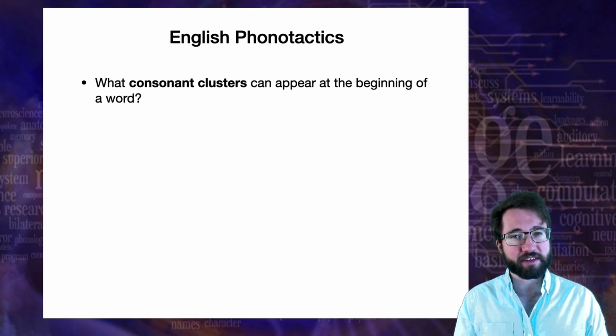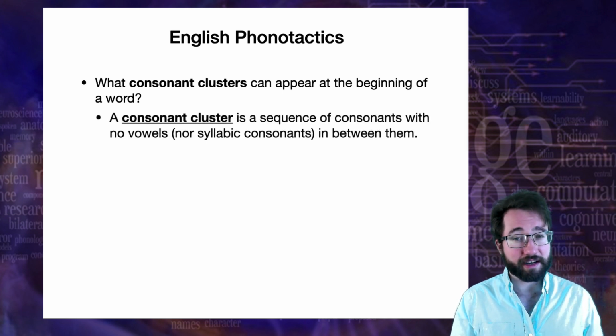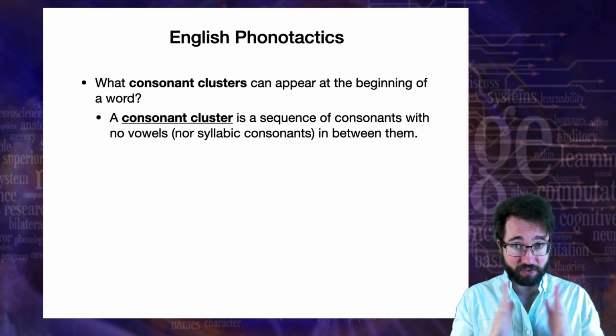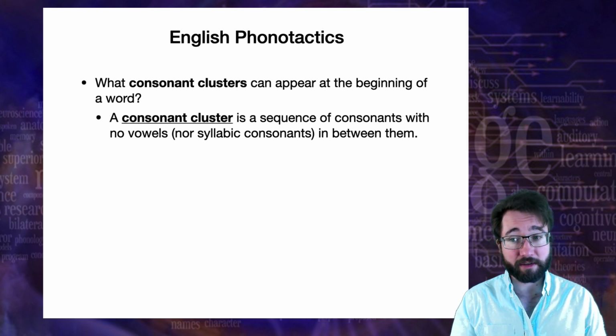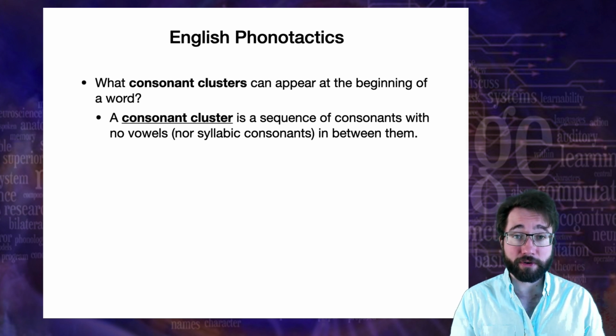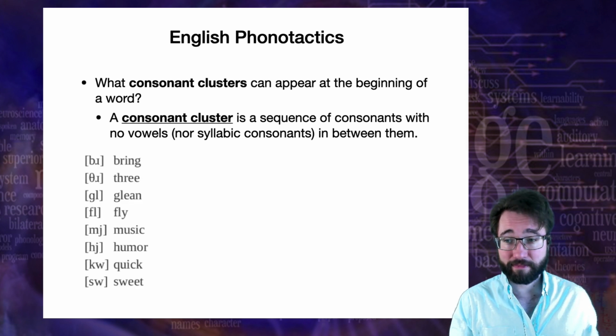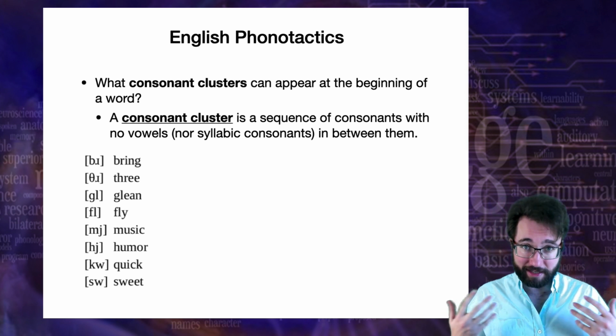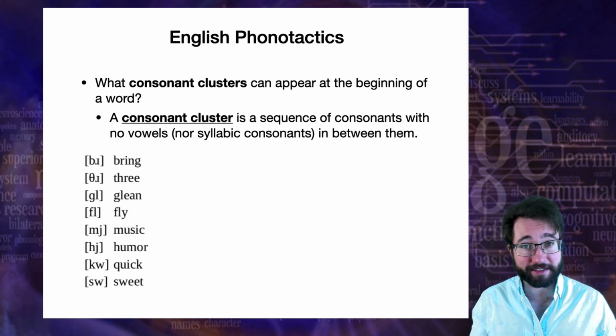What about restrictions on consonant clusters? A consonant cluster is a sequence of consonants that are strung together with no vowels in between them. Like in the word street, you have s, t, r, a consonant cluster, three consonants glommed together with no vowels in between them. Here are some examples of consonant clusters at the beginnings of words in English.